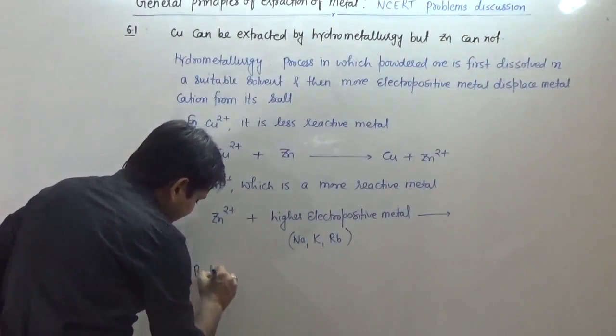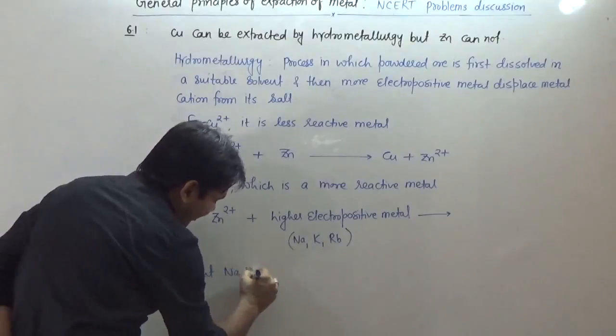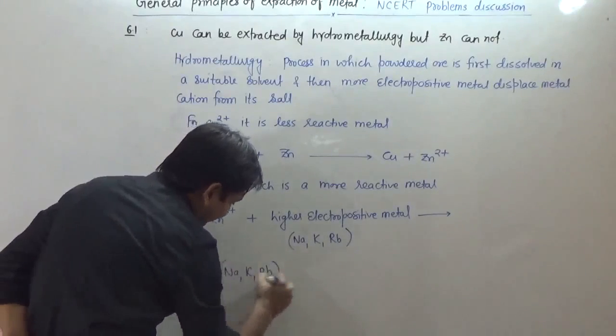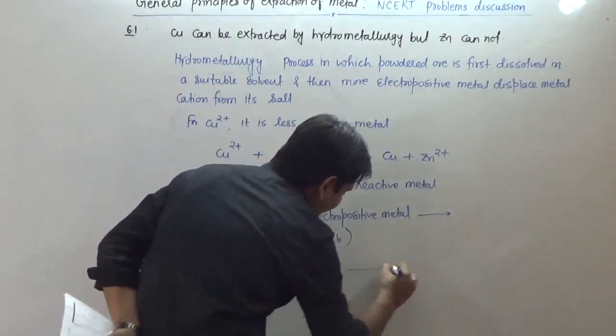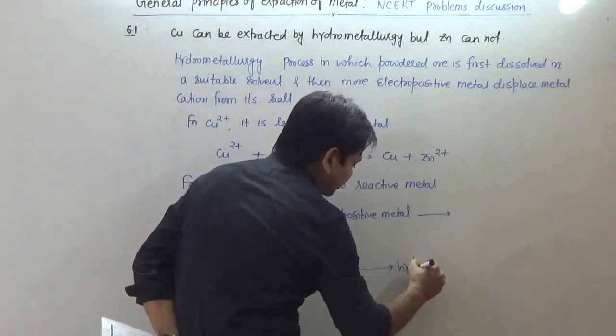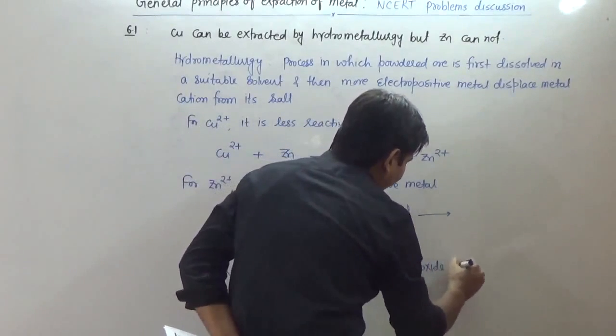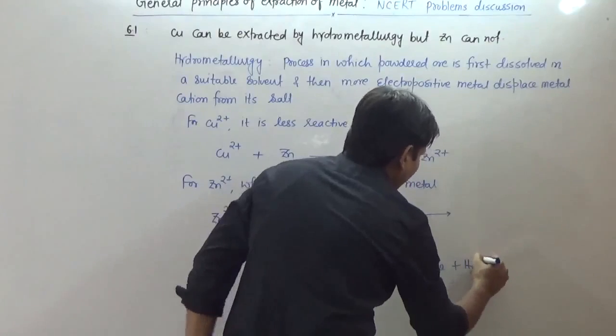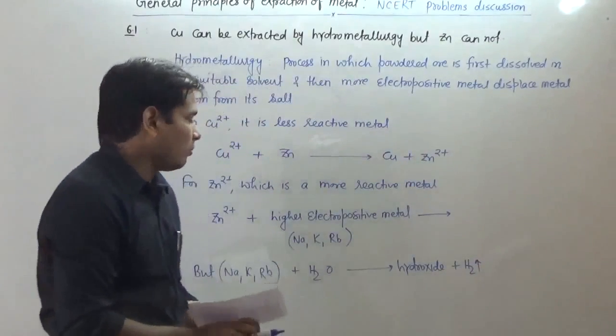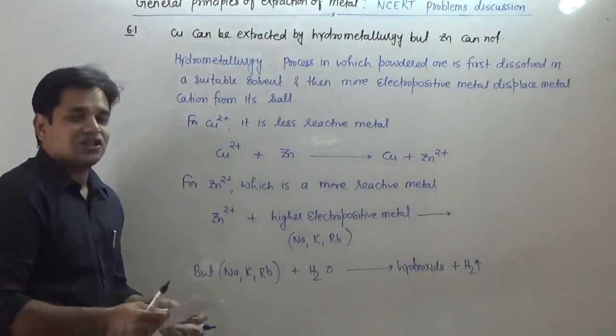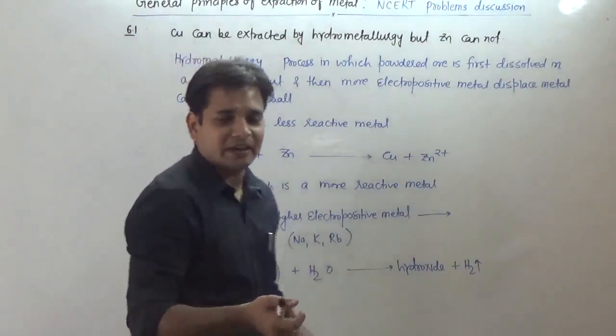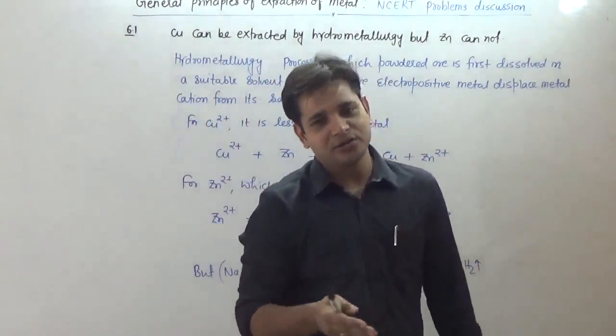But sodium, potassium, rubidium are so reactive that they will react with water to form hydroxide and H2, and they are not going to reduce zinc at all. So the problem is that zinc is a highly electropositive metal and other metals cannot reduce it.